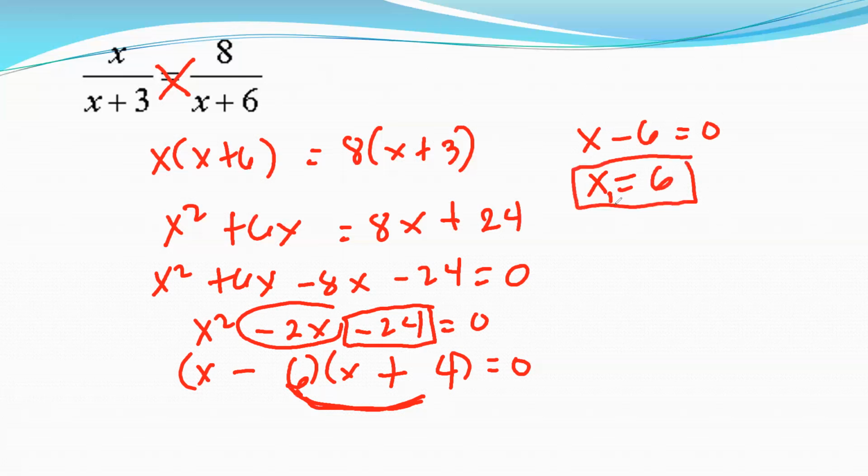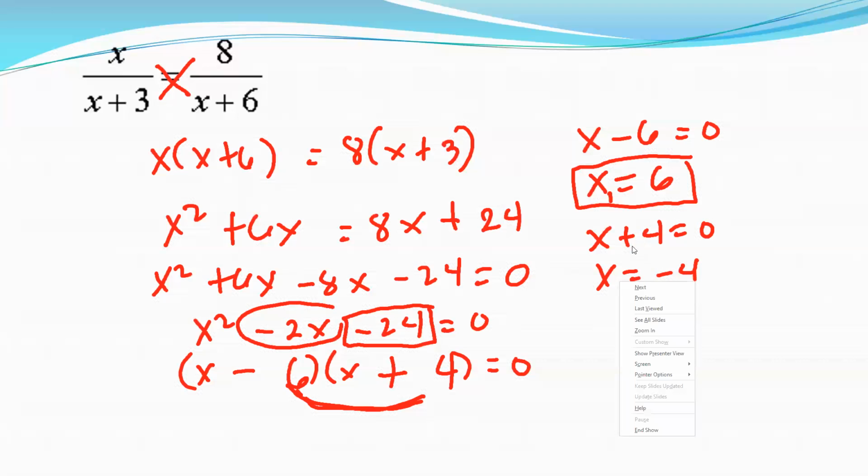This is your x sub 1. Then, x plus 4 equals 0. X is equal to negative 4. So, this is your x sub 2.